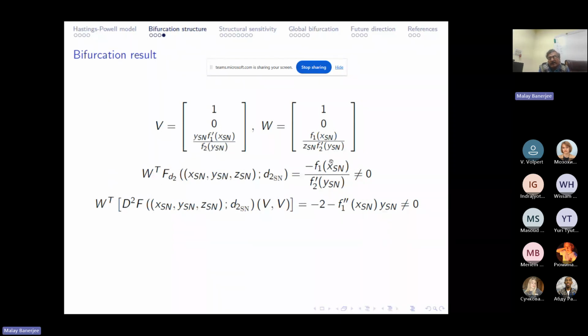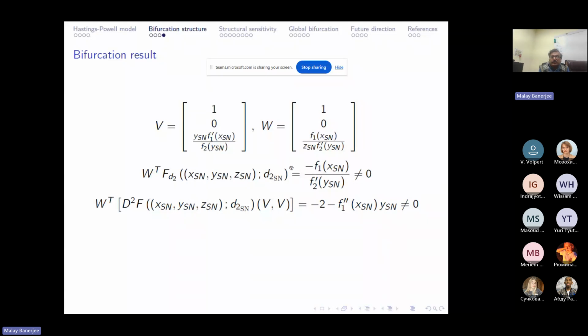Depending upon the properties of the functional forms, that is F1 and F2, we were able to prove that W transpose F D2 is not equal to 0, and also this quantity is not equal to 0.